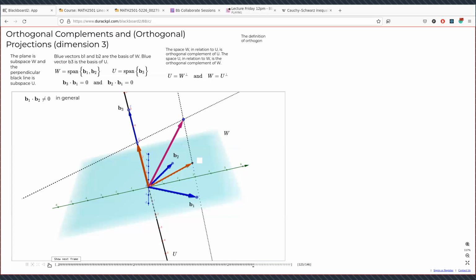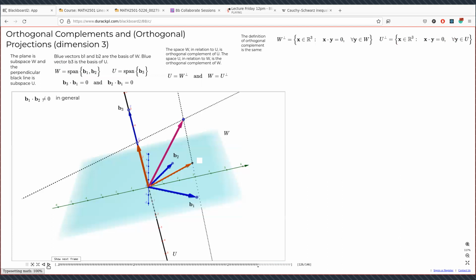Now, I just repeat the definition, which is absolutely the same this time. W perpendicular is all vectors, but in R3 now, not R2, which are perpendicular to everything in W. And that will be this line. All the vectors in R3 which are perpendicular to this plane will make up this line.